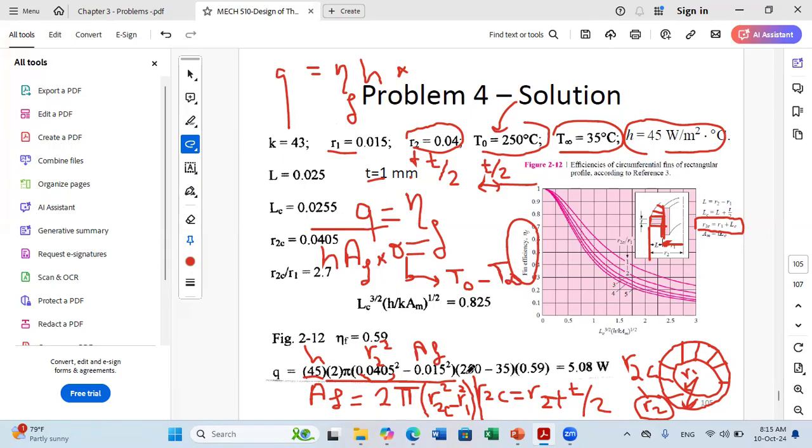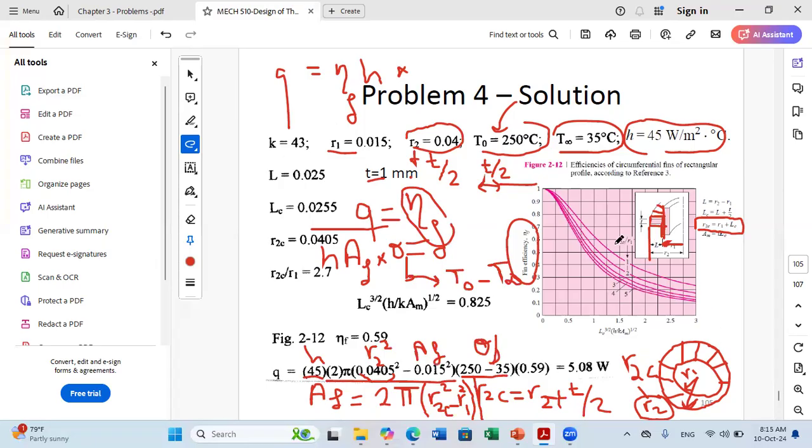So this term represents theta base. So until now, this is the maximum possible heat transfer. But you know that actually you don't have the total area at temperature theta base. That's why you should multiply by the efficiency of the fin, so times NF.